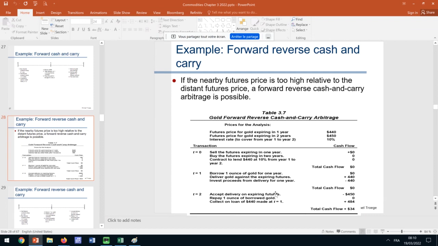Of course, you have to buy this gold that you get delivered, and you will use the deposit you've invested at the bank, plus the interest, to buy this gold. So this deposit plus the interest is 484. We have again a 10% interest rate on 440. So you can use that money to buy the gold, and then you reimburse the gold to the one who has lent it to you.